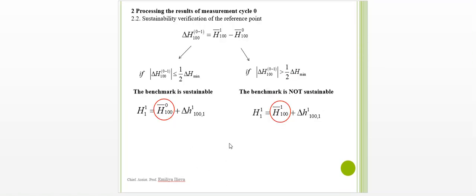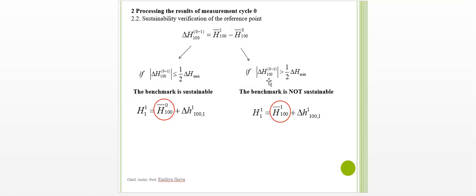So each of you are going to have different values, but if you have this one, the benchmark is sustainable. So you are going to continue with calculating the height of the first target point using the value for the reference point from 0 cycle. This is very important, from 0 cycle, because we have made a conclusion that the reference point is sustainable.